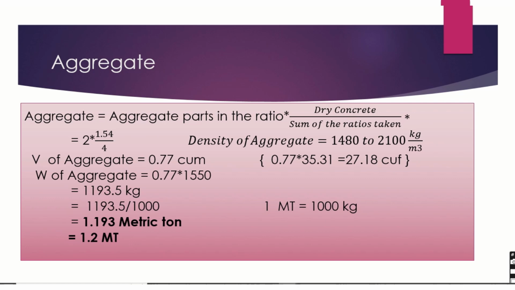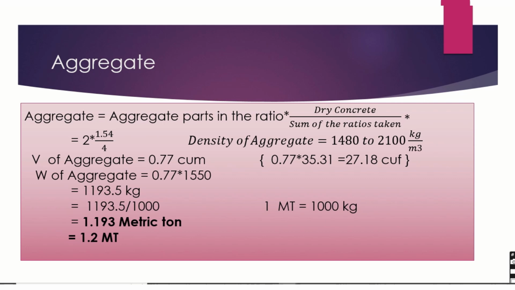That means 1200 kg of aggregate is required for 1 meter cube of concrete. In the same way you can calculate when the volume of concrete is 10, 20, 30; the process is the same, just change the value of 1 meter cube to 10 meter cube, and rest of the formulas are the same.